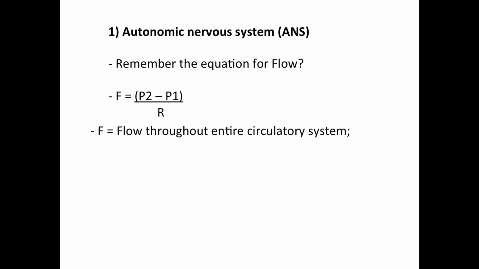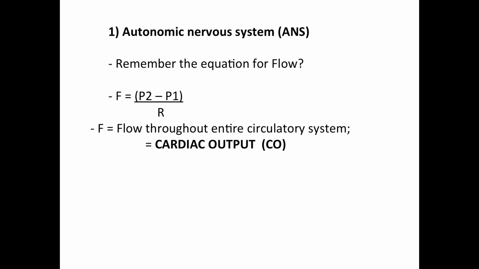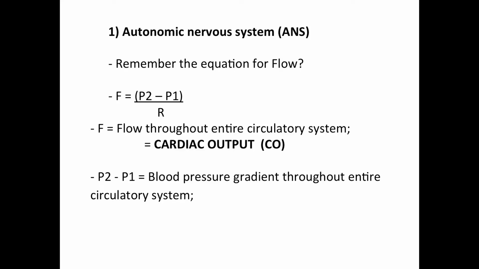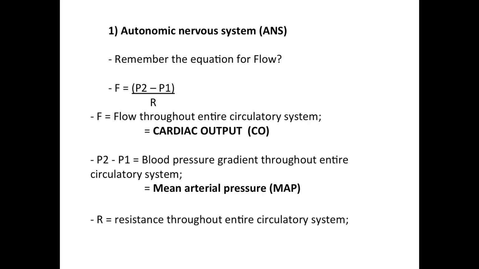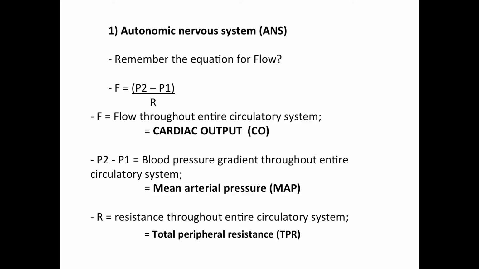So instead of referencing flow as F, we're now going to talk about cardiac output. And instead of referencing a pressure gradient as P2 minus P1, we're going to talk about the blood pressure gradient throughout the entire circulatory system, which is equal to the mean arterial pressure. And instead of talking about resistance at the local level, we're going to talk about resistance throughout the entire circulatory system, and that is total peripheral resistance.